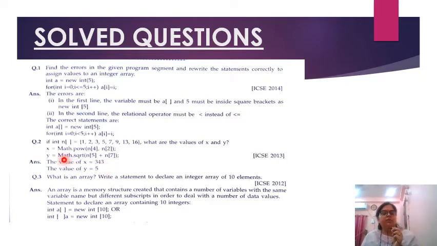Now second is Math.sqrt, which we have to find. And 5: what is the value at index 5? 0, 1, 2, 3, 4, 5, we have got 9. Okay, 9 plus, what is the value at index 7? 9 plus 0, 1, 2, 3, 4, 5, 6, 7, it is 16.